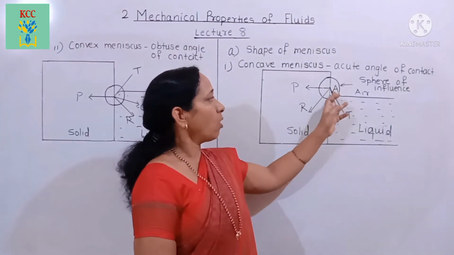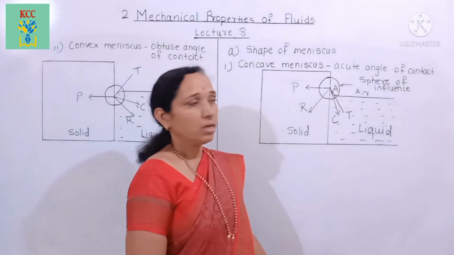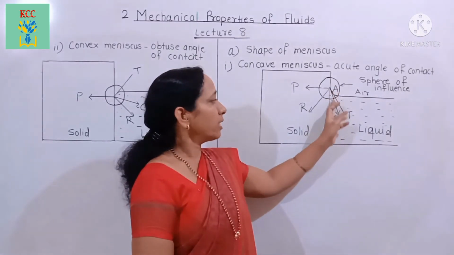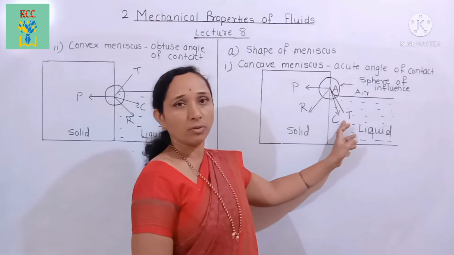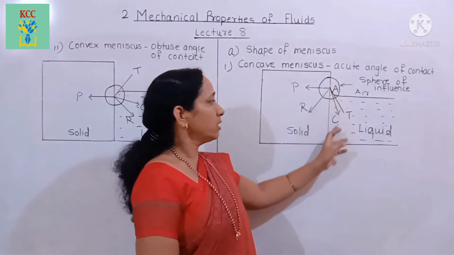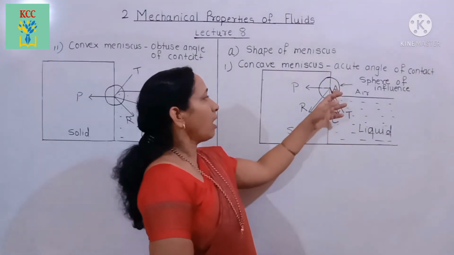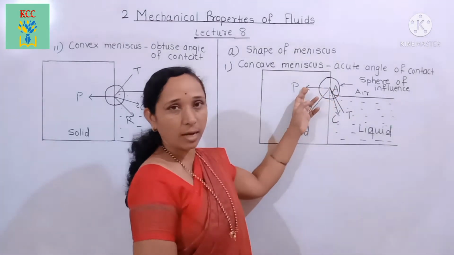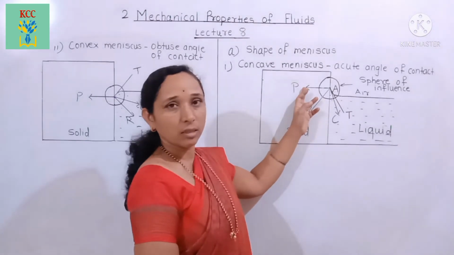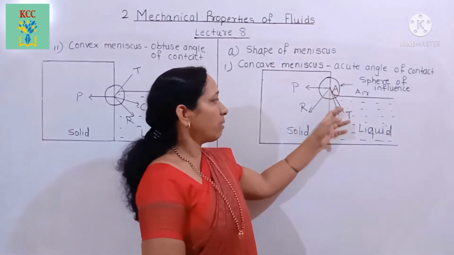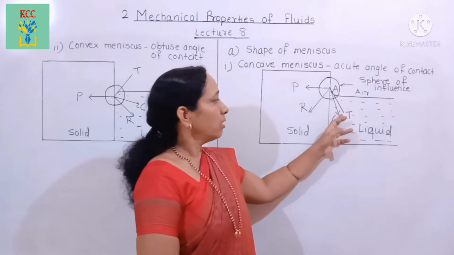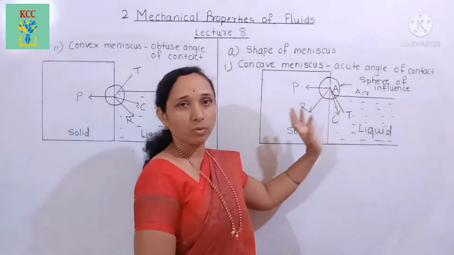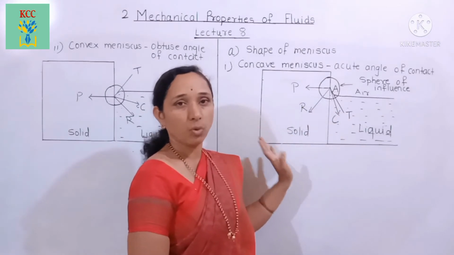Another force acting on this molecule, it is a cohesive force. Cohesive force exerted by kerosene molecule, that is AC bar. AP bar is the adhesive force. It is acted in horizontal direction towards the wall of a glass, and AC bar acting in the liquid due to the molecule of kerosene, that is cohesive force.